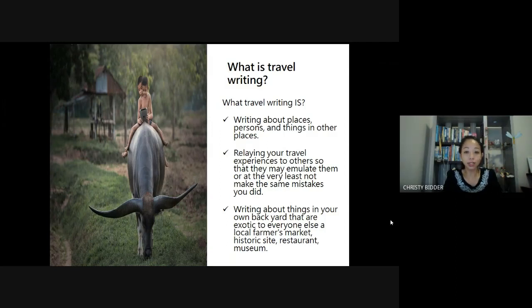Having said this, you can turn your own very familiar hometown into a great destination for your readers by the words that you use to describe your hometown, by the emotions that you invoke in your readers, by the way your stories engage your readers' imagination. Cool, right, ladies and gentlemen?